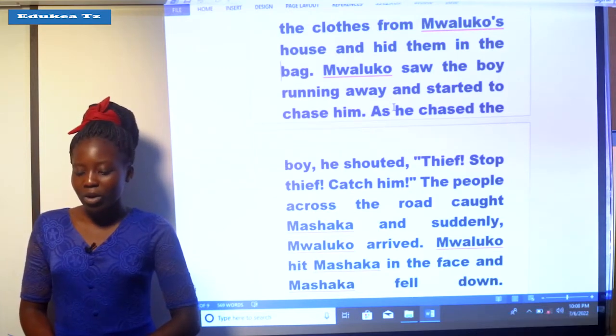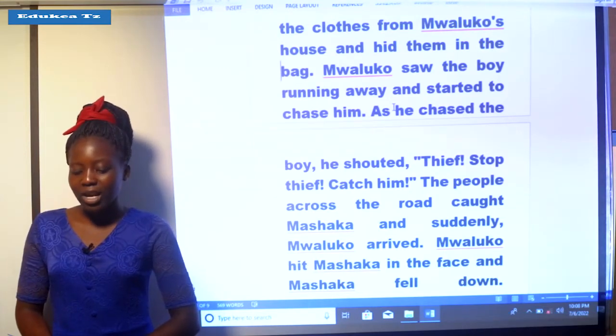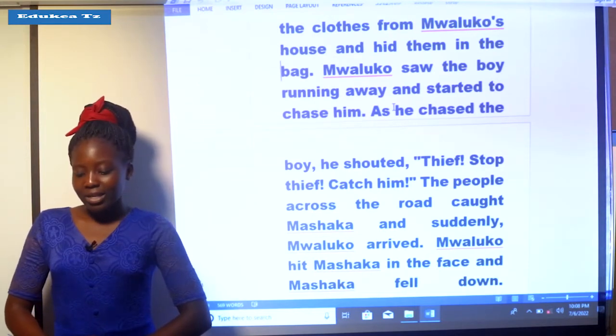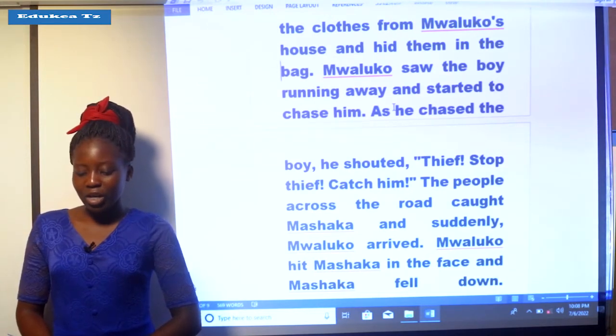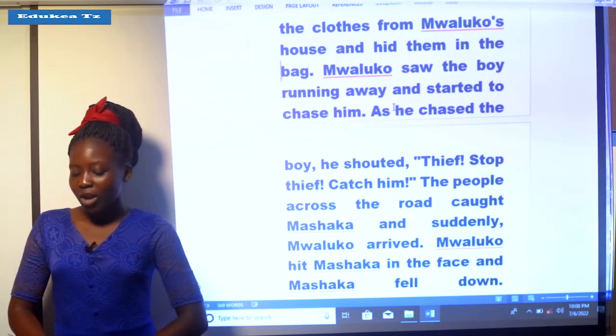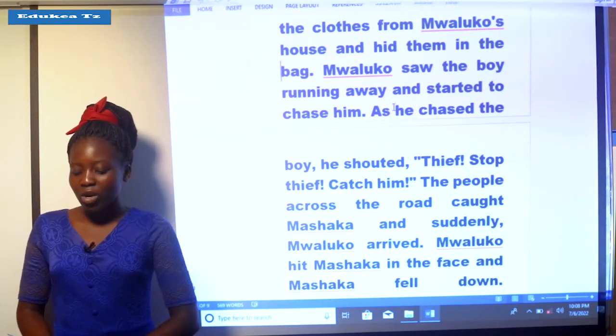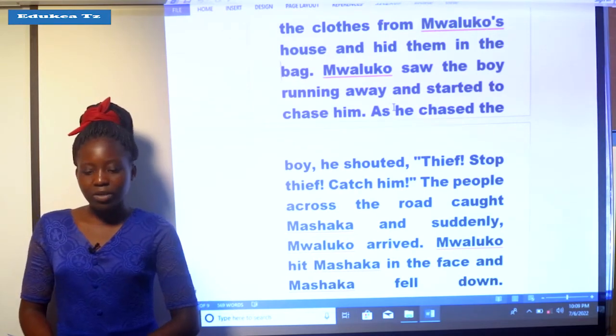Mwaluko saw the boy running away and started to chase him. As he chased the boy, he shouted, "Thief! Stop! Thief! Catch him!" The people across the road caught Mashaka, and suddenly Mwaluko arrived.